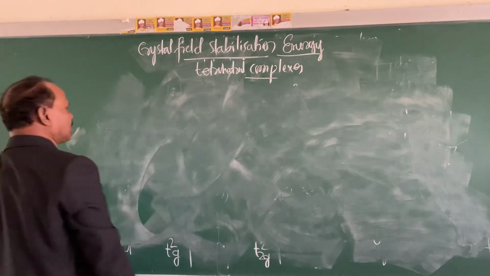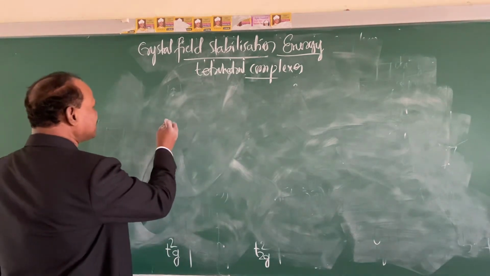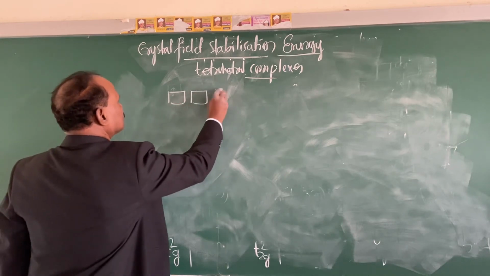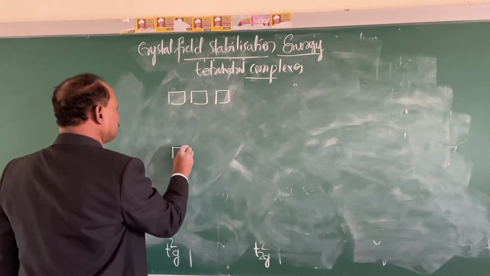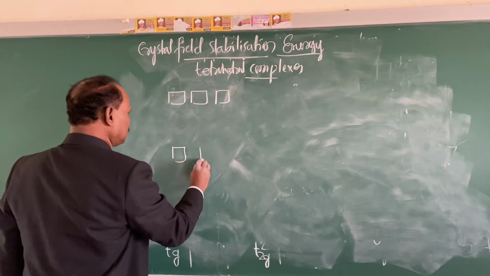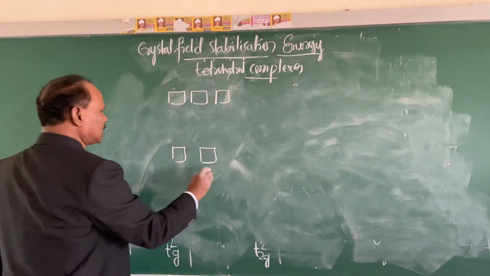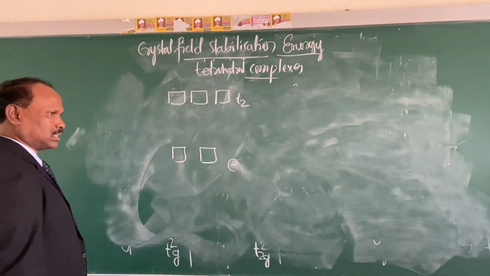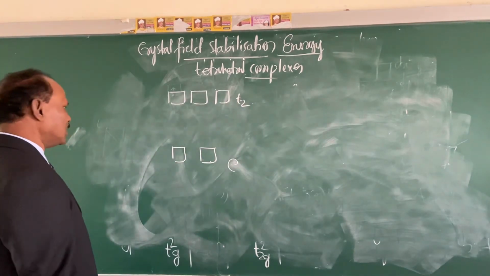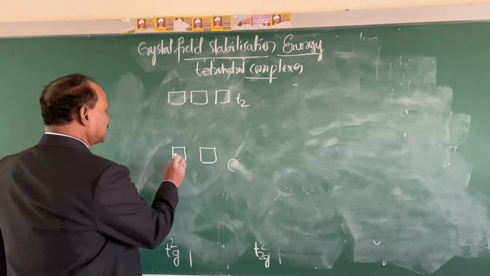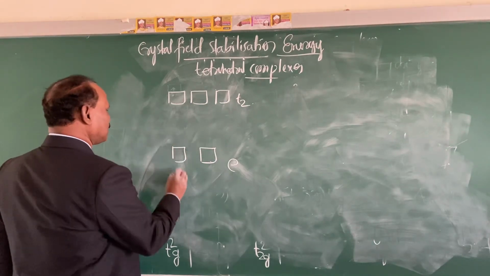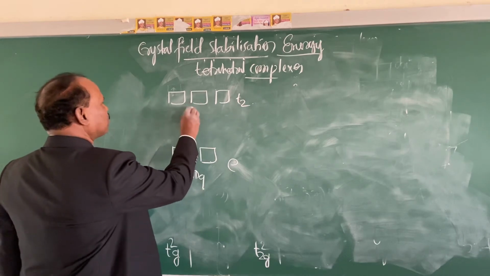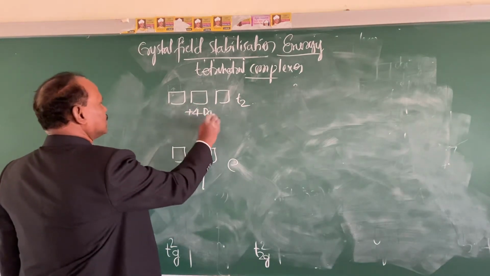So in tetrahedral complexes, we have seen this splitting occurs like this. So these are e orbitals and these are t2 orbitals, right? I am not writing g, you know it very well. Now the energy of this e is minus 6 Dq and here it is plus 4 Dq, the energy of this t2 orbital.